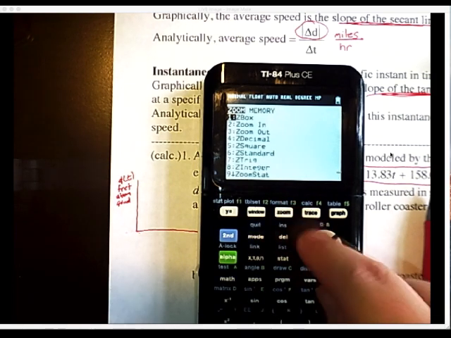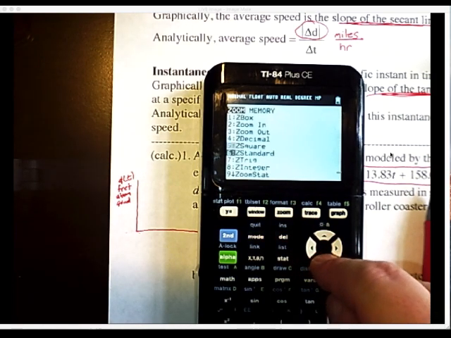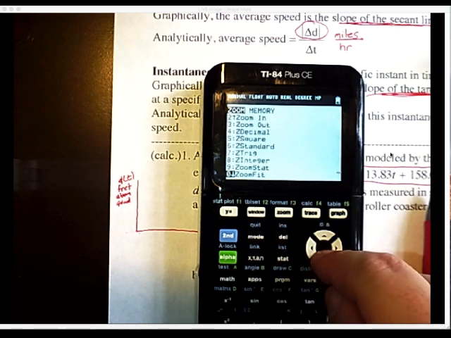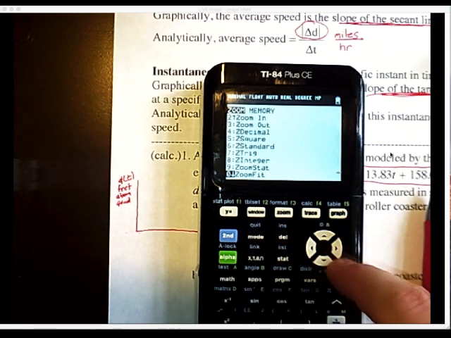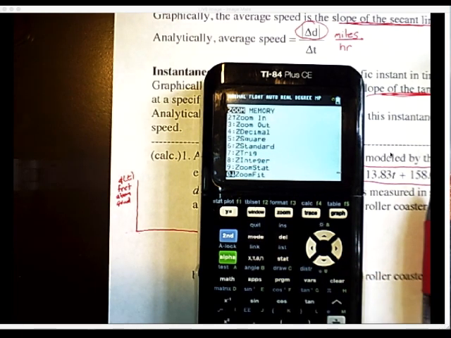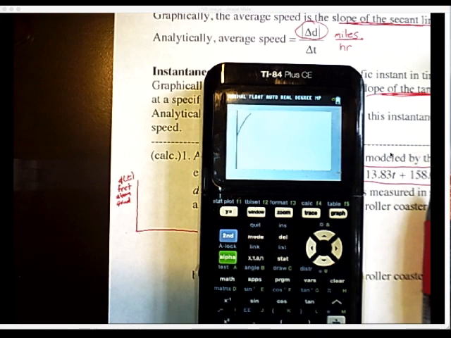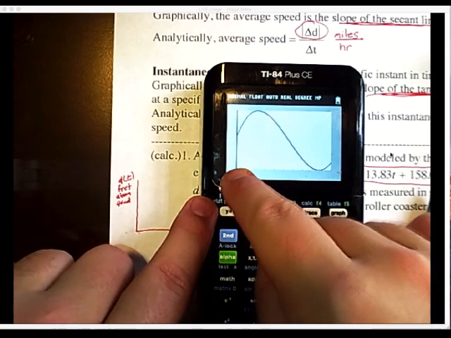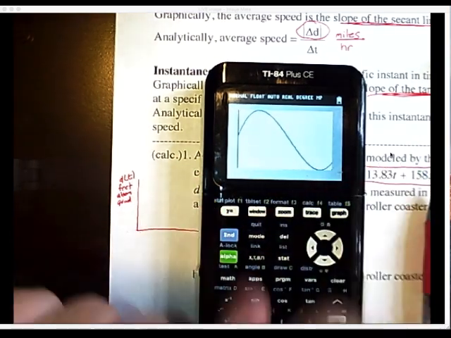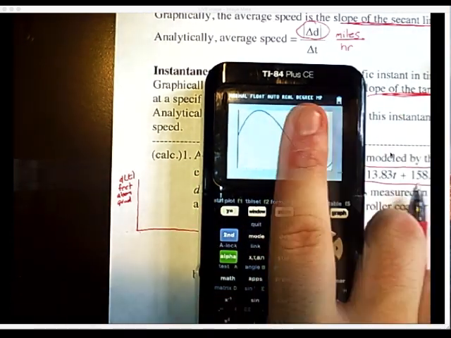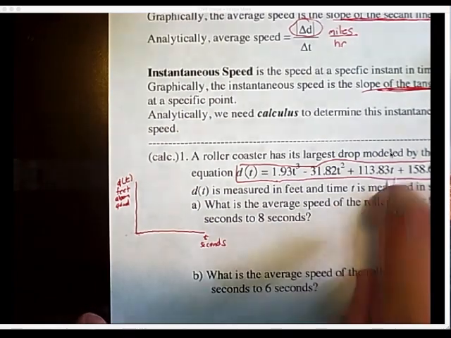If we hit zoom and we go down to option 0, which says zoom fit, it'll make an appropriate graph for us. So I'm just going to go down to 0 and hit enter. And the calculator is going to do the work. It's not going to make me keep picking different numbers. So that's the shape of the graph between 0 and 10. Okay. So I'm just going to kind of copy that graph over here.